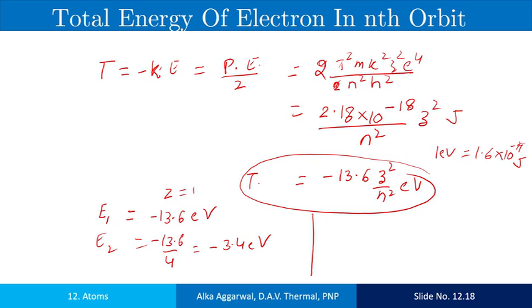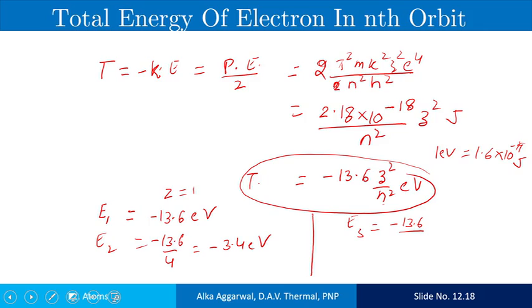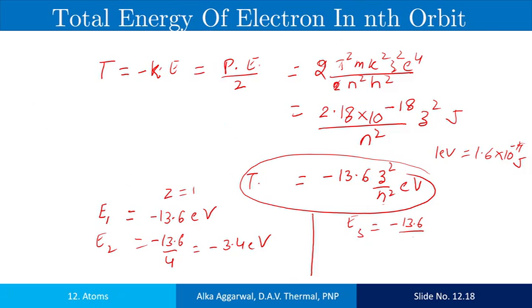In the third orbit of the hydrogen atom, the energy is minus 13.6 upon the square of 3, that is 9, which is equal to minus 1.51 electron volt. And so on.